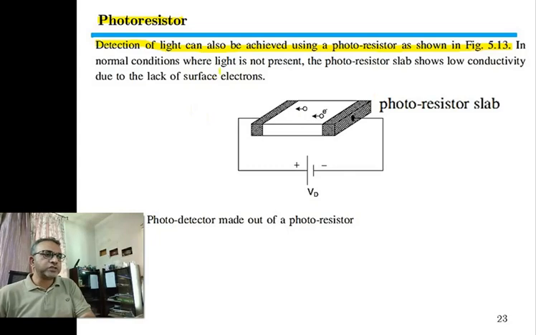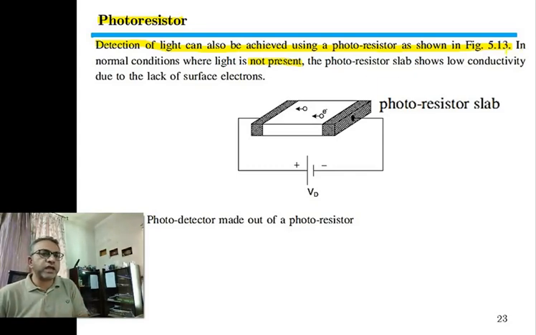In normal condition, when light is not present, the photoresistor slab shows low conductivity. Low conductivity means large resistance, low conduction of current, and we always have low current when the resistance is large.